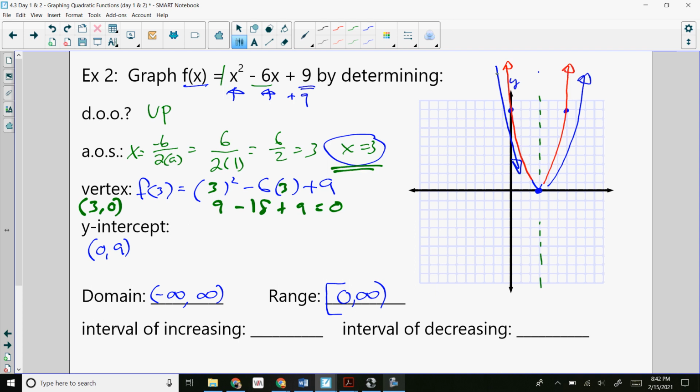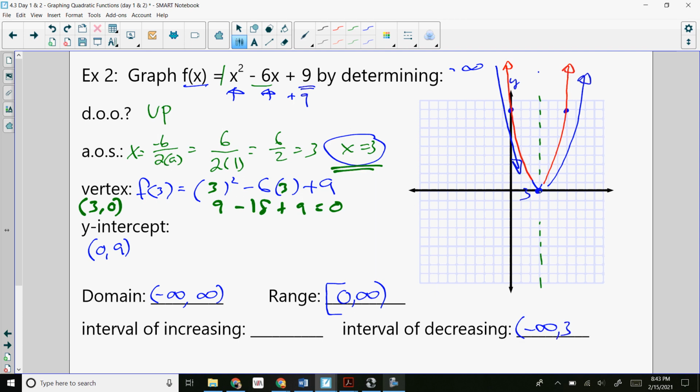Okay, so like I said, it's going down from positive infinity down to, and we read this using our x's, so from negative infinity, that's the x values, negative infinity to 3, that's when it's decreasing, okay?